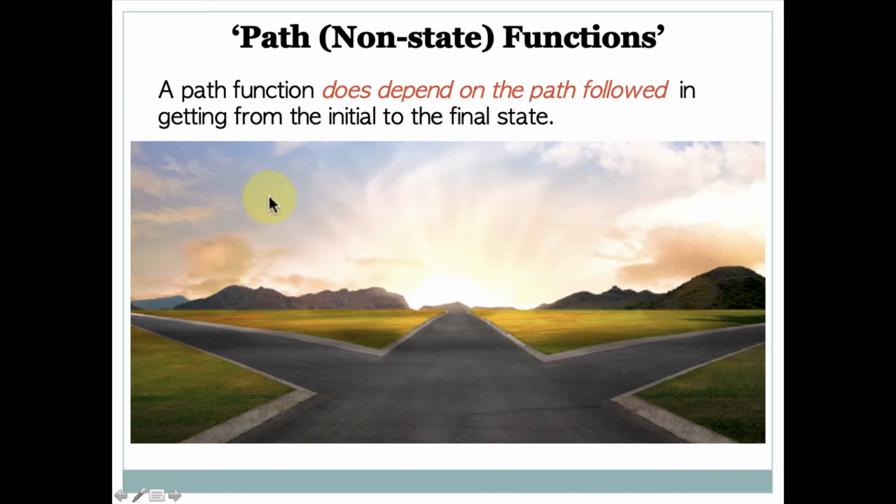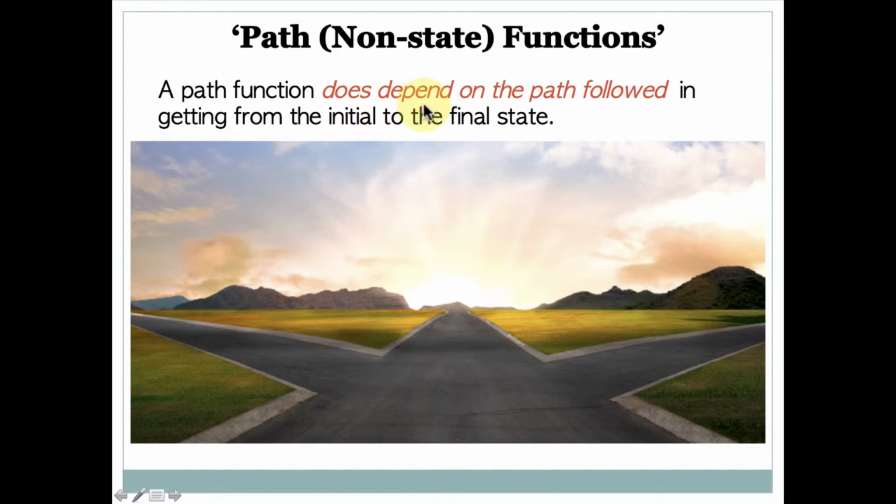From the previous slides, we have learned about state functions. I've already mentioned the term paths, but there are also path functions, which are also called non-state functions. They are functions that depend on the path taken in getting from the initial state to the final state, and we call those path functions.